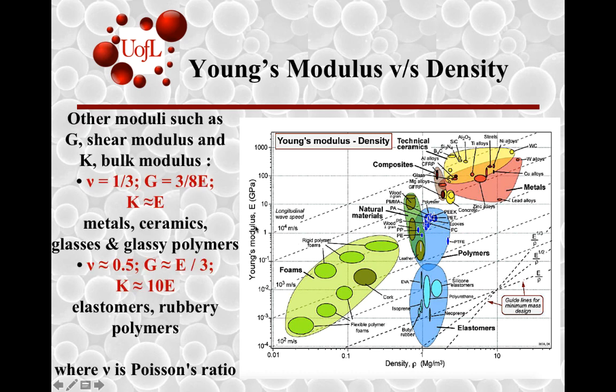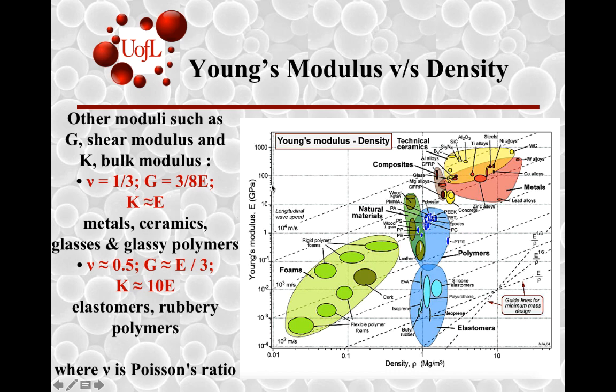While this particular chart strictly is for Young's modulus versus density, typically for most materials, including metals, ceramics, and glassy polymers and glasses, you can derive the shear modulus as well as the bulk modulus by multiplying these factors.